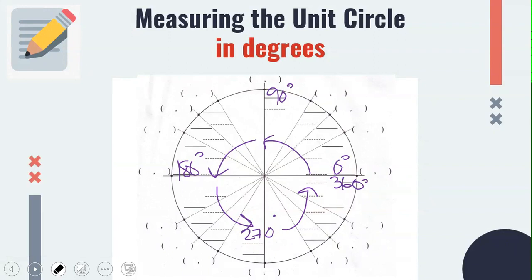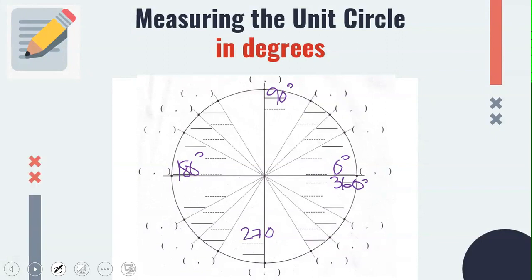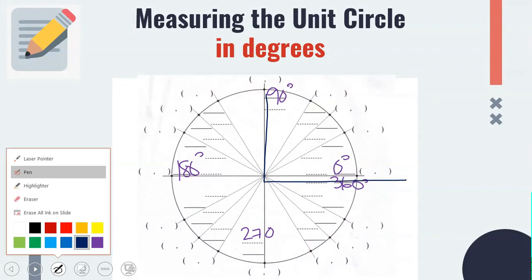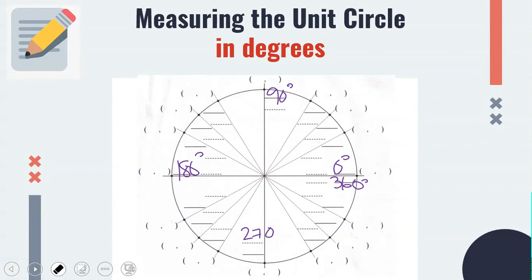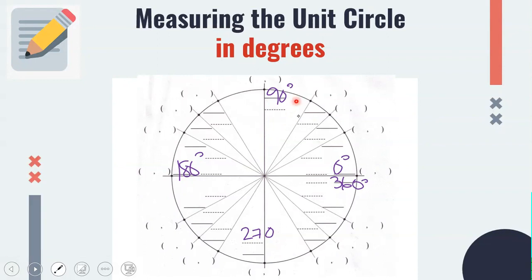Now that we've done that, we're going to kind of repeat this process again. But instead, we're going to focus on the first quadrant, okay? So we're going to focus on here, right? We've got 0 and 90. And notice that we have 3 lines in between. We have a line right here. We have a line in the middle, it looks like, and another line right here.